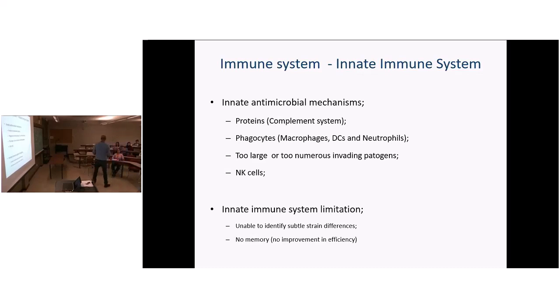And the adaptive side will only happen once that pathogen is recognized as new. Once that thing is recognized as new, then you're going to go into the adaptive system to create a more specific set of reactions from the immune system. And then both will act together, trying to get rid of it.